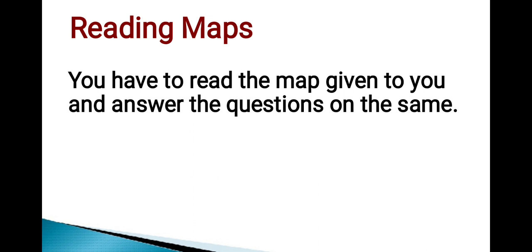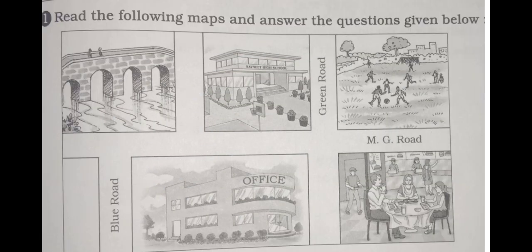Now, next topic to be studied is reading maps. You have to read the map given to you and answer the questions on the same. Let's study the topic reading maps. Here one map is given and the question is, read the following maps and answer the questions given below.